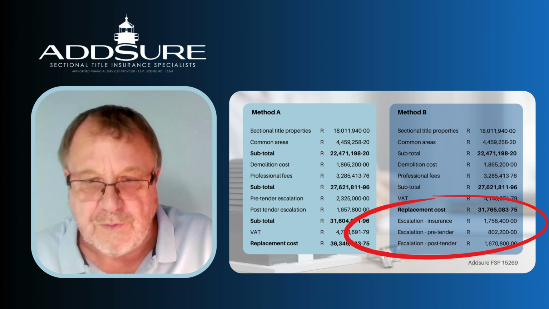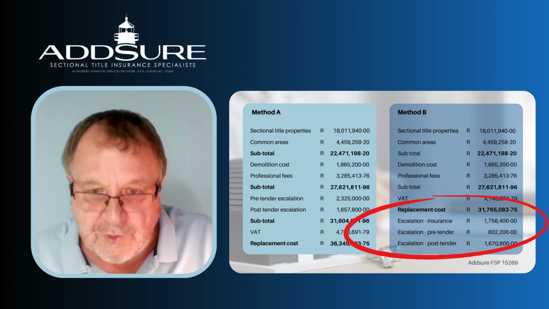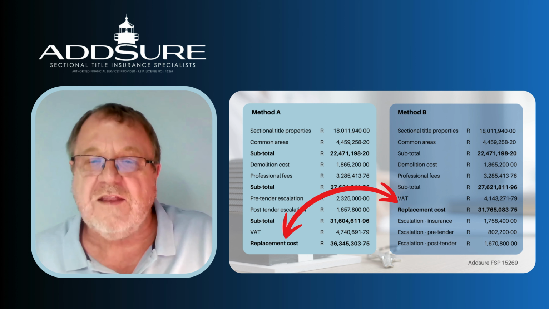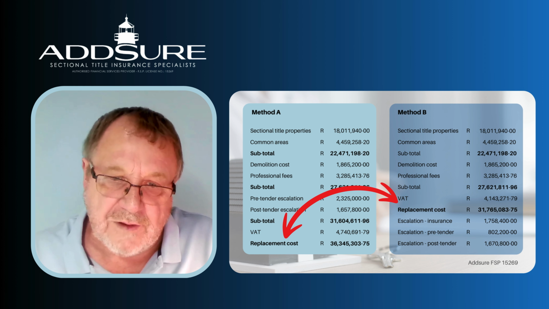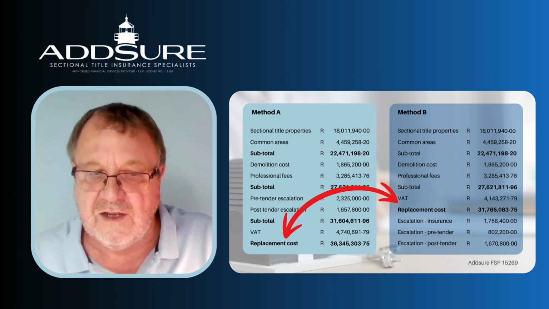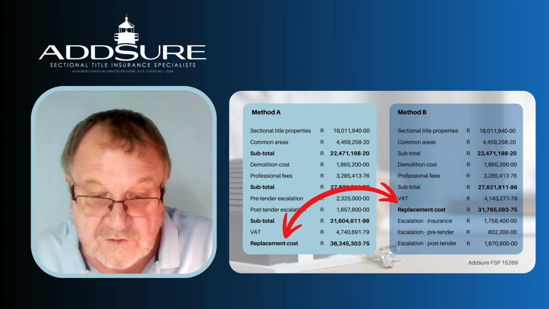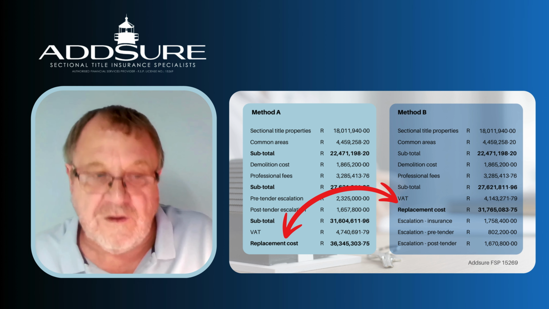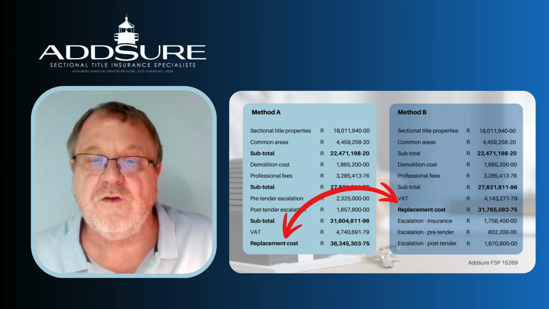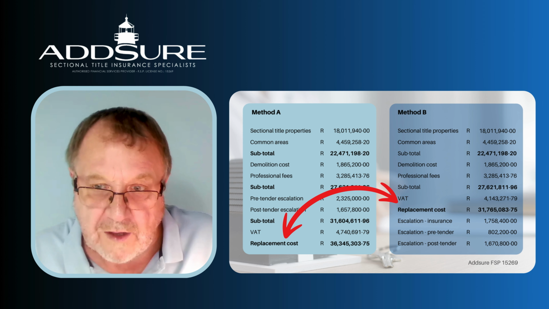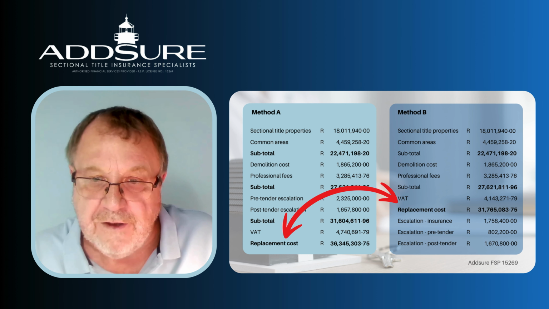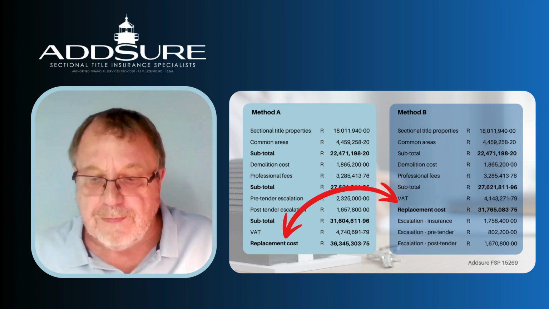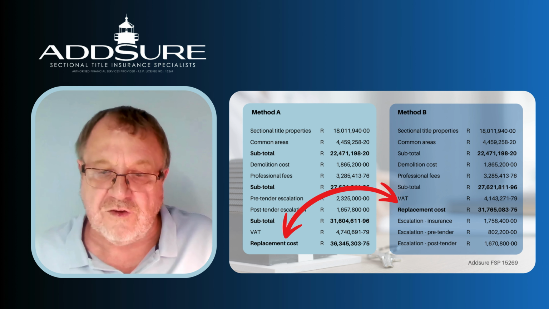Just make sure that your broker understands which one it is, so that they don't use the higher figure in method A and then still add the escalations, because some of the insurance companies have got it included in the policy wordings. So you're actually effectively double insuring if you use 36.3 raw without looking at it a little bit deeper. Simple as that. Just understand the differences, and when it's unpacked, you might have to strip out the escalations.